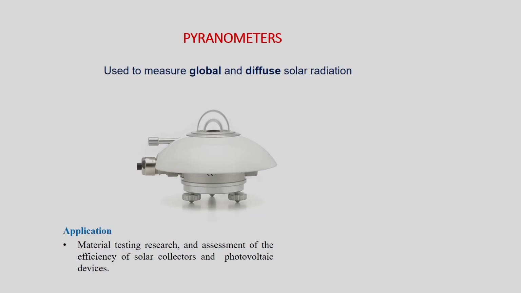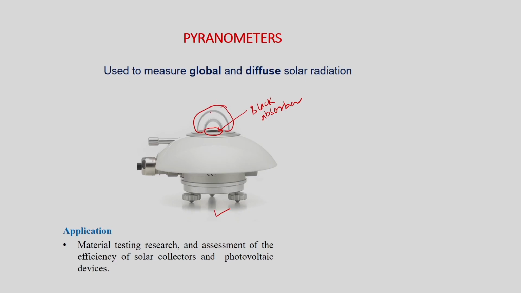Now come to the pyranometer, which is used for measurement of both global and diffuse radiation. As you can see, this is the instrument used for both. Here, one black absorber is used, and these are the semi-hemispherical glass covers.